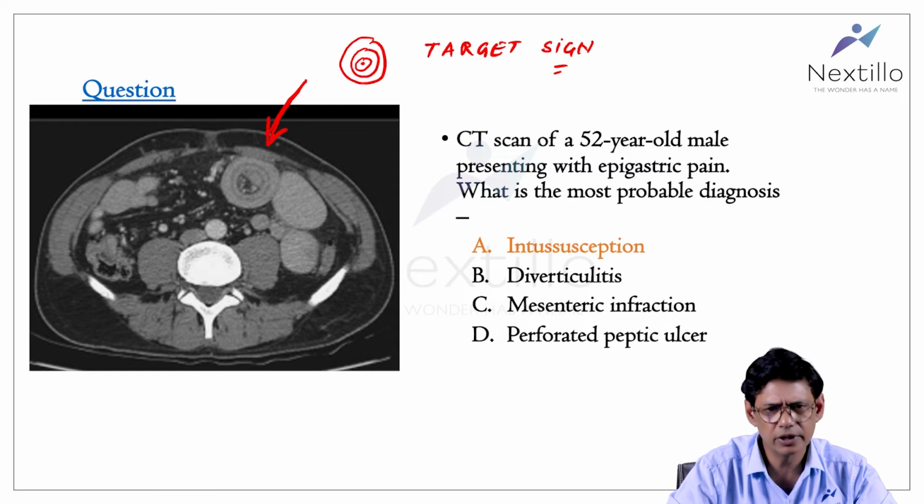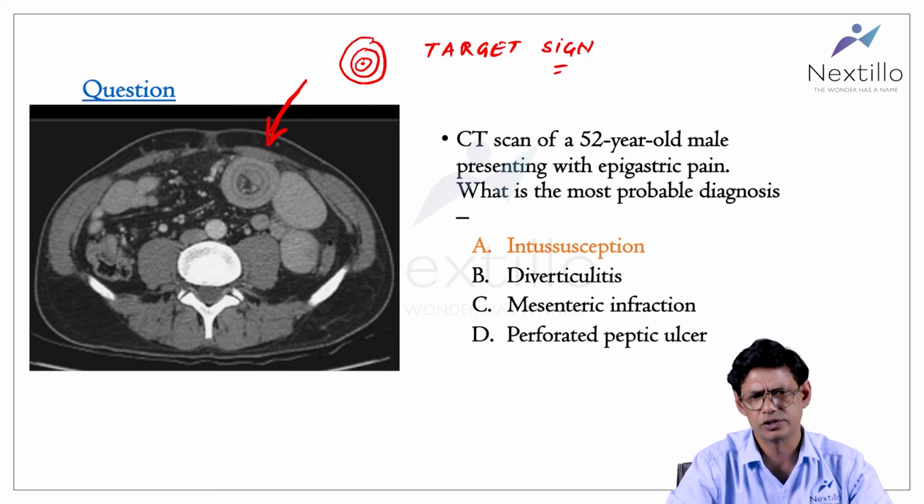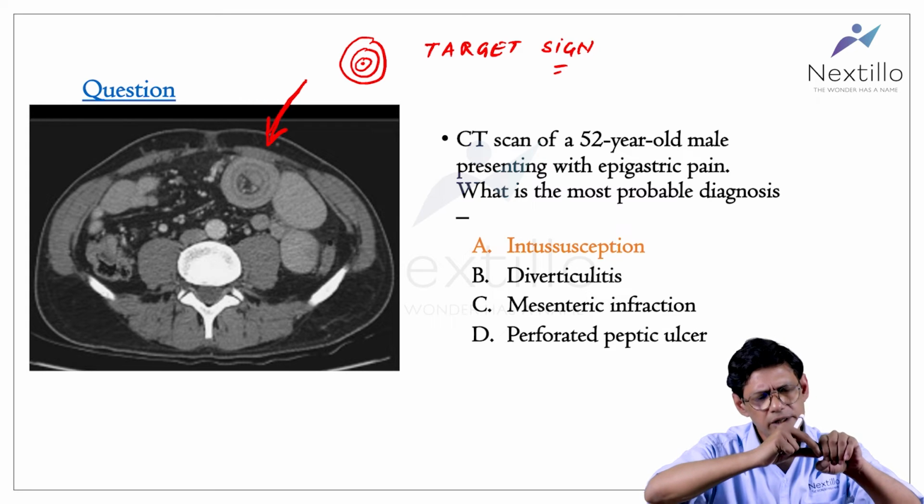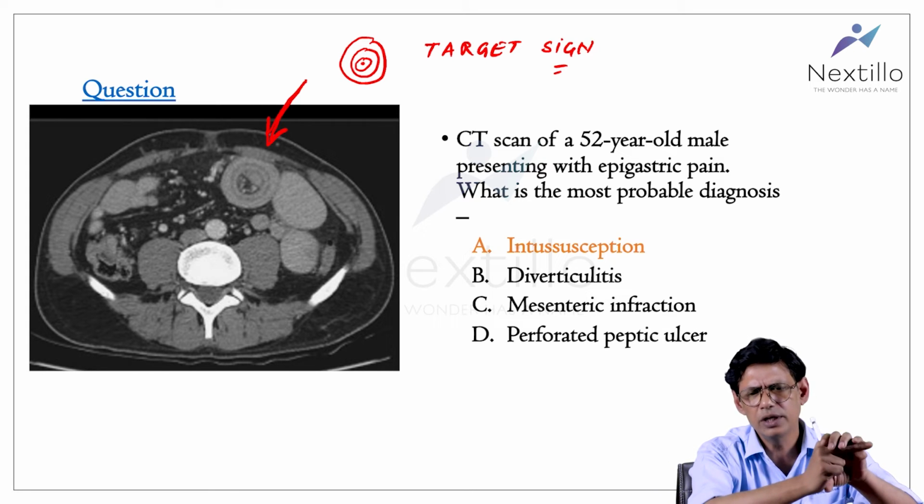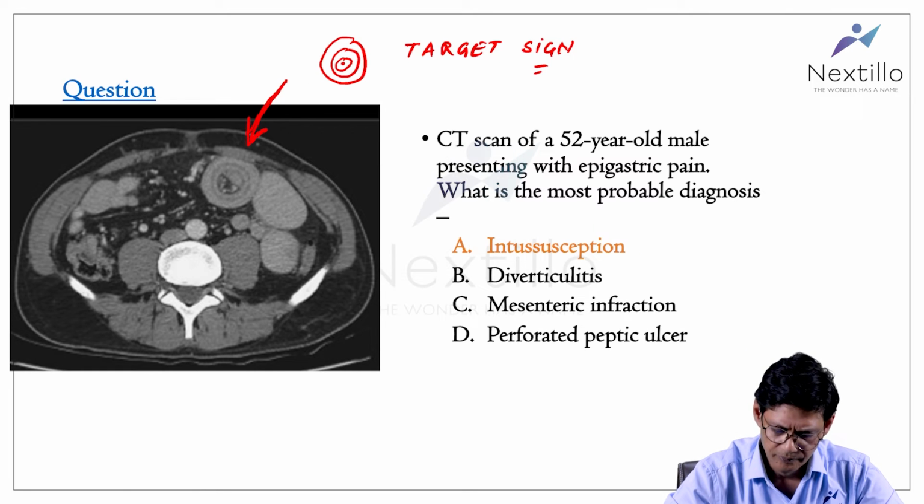What happens in intussusception is that there is invagination of a part of the intestine into an immediately adjacent part of the intestine. In adults it most commonly is seen at the ileocecal junction, where the ileum has invaginated into the cecal area. So this is our intussusception.